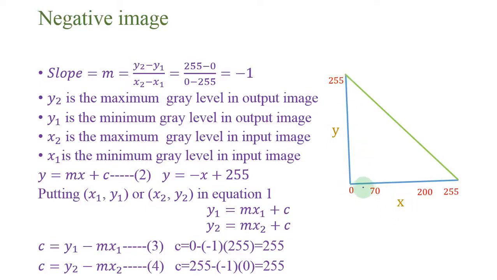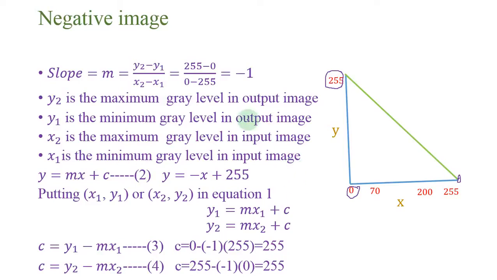So 0 as input, x1, will be mapped to 255, this is y1, and 255 will be mapped to 0. So repeating again, 0 at x-axis is mapped to 255 at y-axis, and 255 at x-axis is mapped to 0 at y-axis.